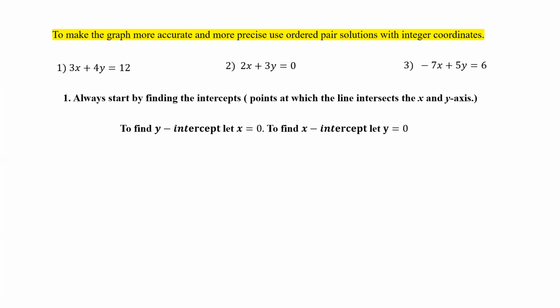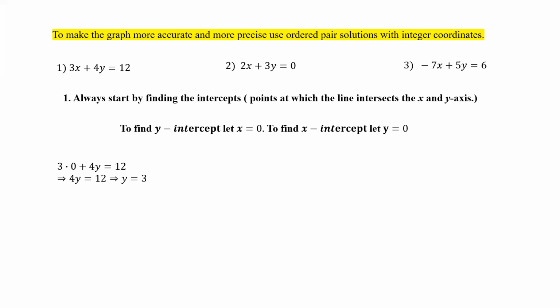Quick reminder, to find the y-intercept, we let x be equal to 0 and solve the equation for y. And to find the x-intercept, we let y be equal to 0 and solve the equation for x.